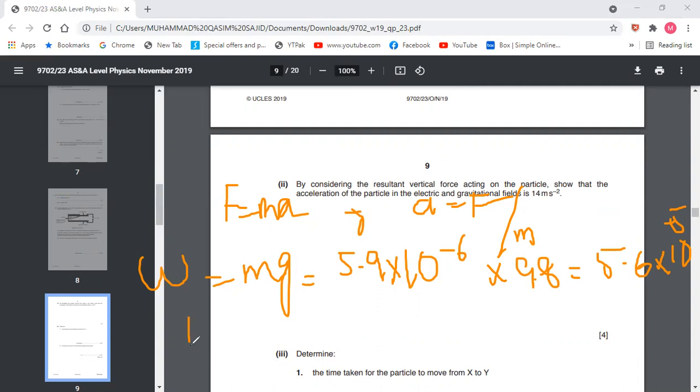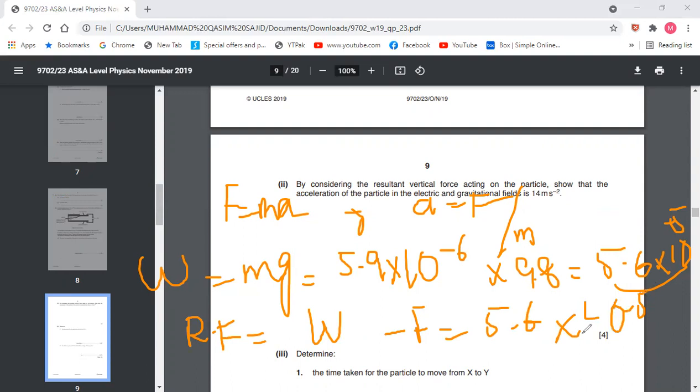So the resultant force must be the weight, which is downward, minus the force. So this weight 5.6 into 10 raised to power minus 5 is subtracted by the upward force that we calculated in part 1, 5.04 into 10 raised to power minus 6.